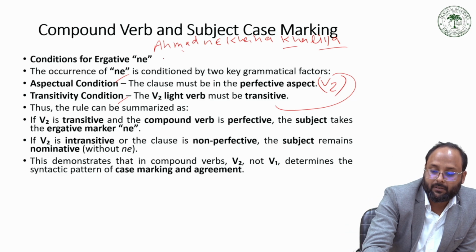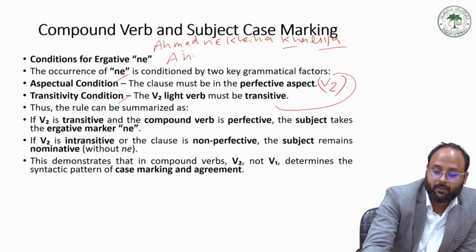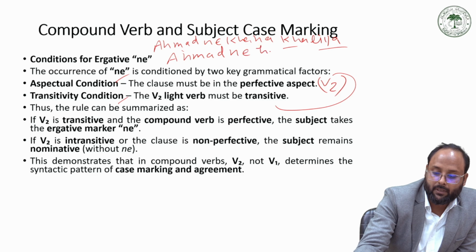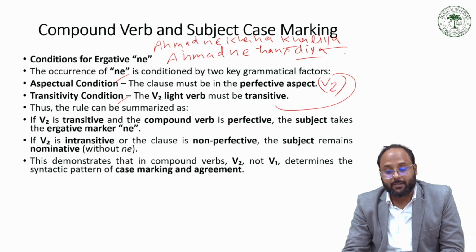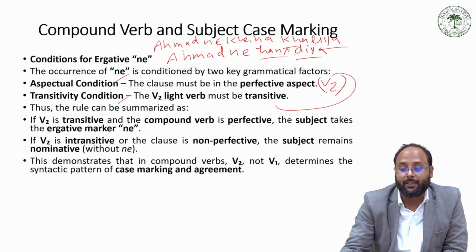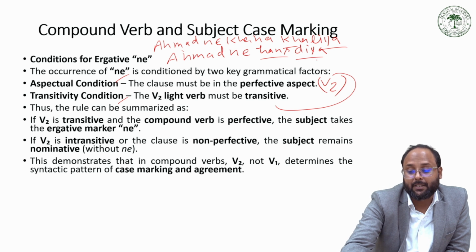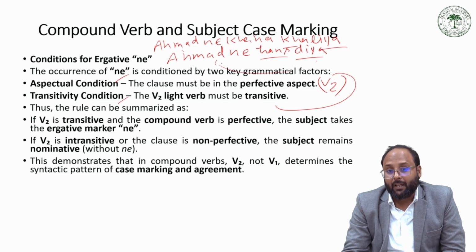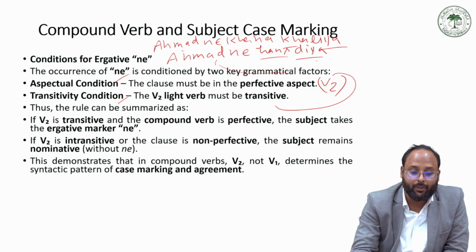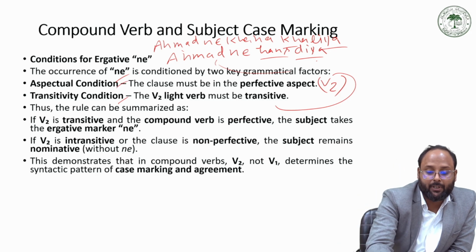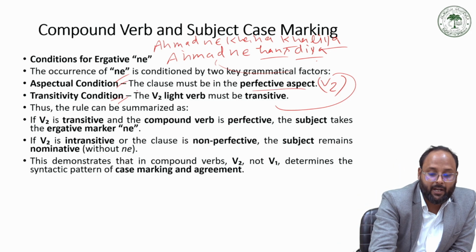And when we say अहमद ने हंस दिया, here diya is the transitive verb, even though has is intransitive, and because of this transitive V2 and the perfective aspect, the subject takes the ergative ne, that is Ahmad ne has diya. So it basically depends on the aspectual condition, which should be the perfective aspect, and the transitivity condition.